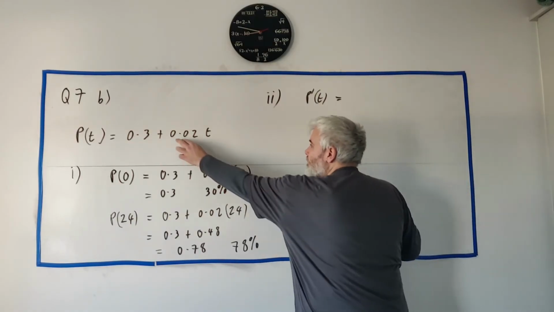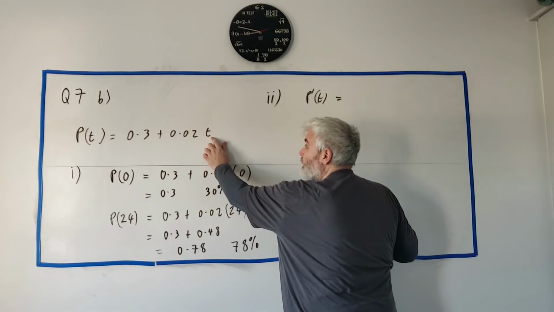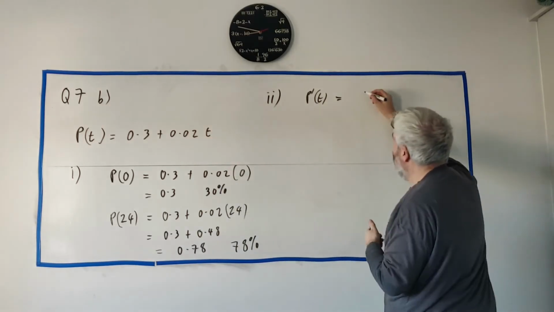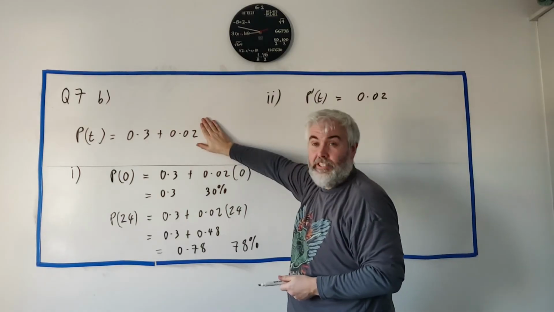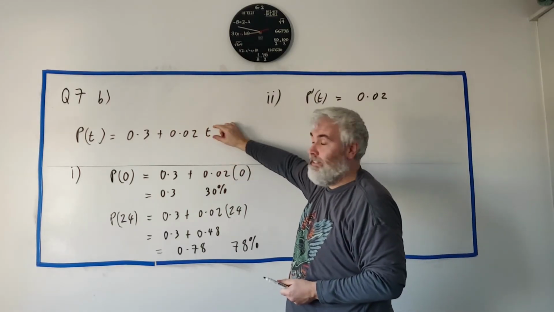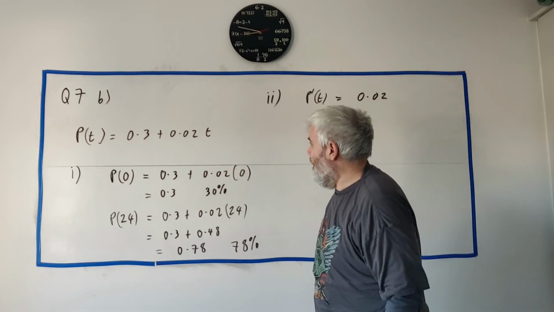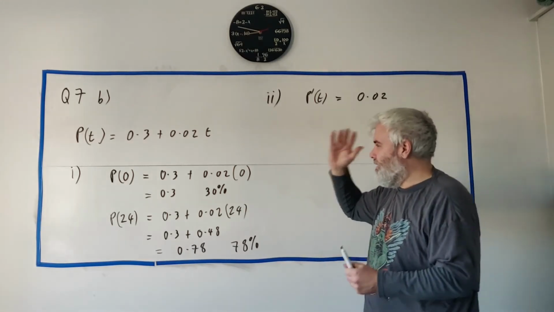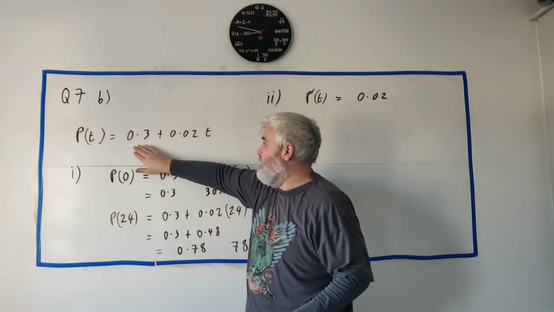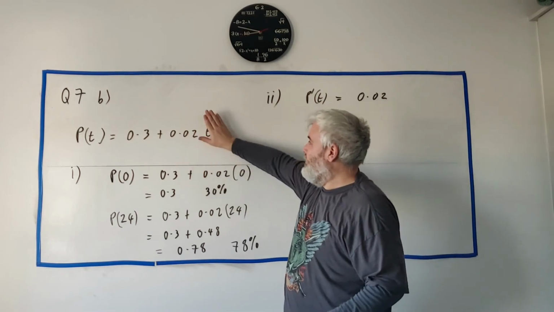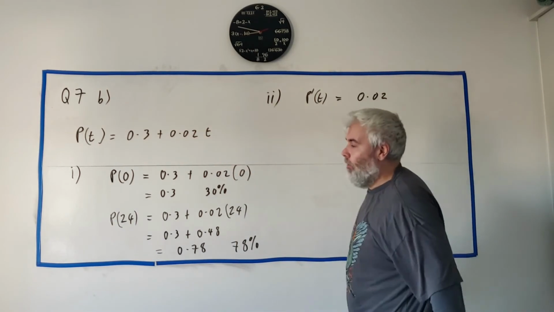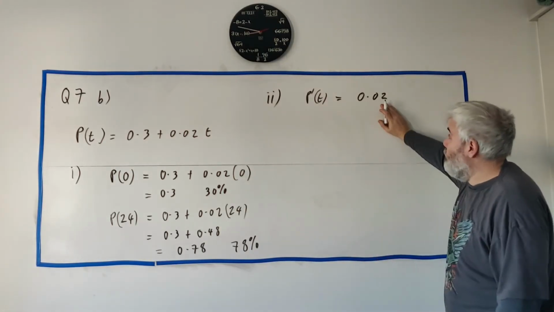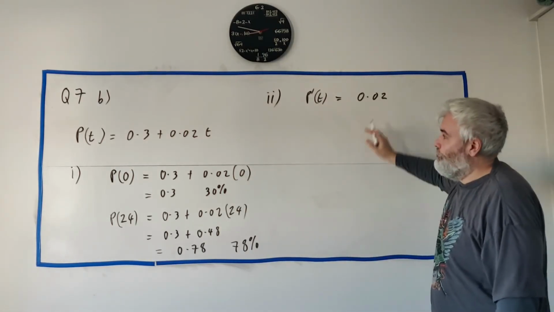The derivative of 0.02 multiplied by t is just 0.02. So remember, the t just disappears when we differentiate with respect to a single variable. I'll go into more detail on that, but that's how most of you think of that. The constant disappears, the t disappears, and if there was any t squared, then we use our rules. But for now, that's the derivative there, 0.02.